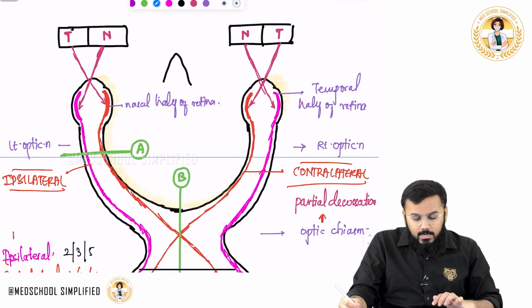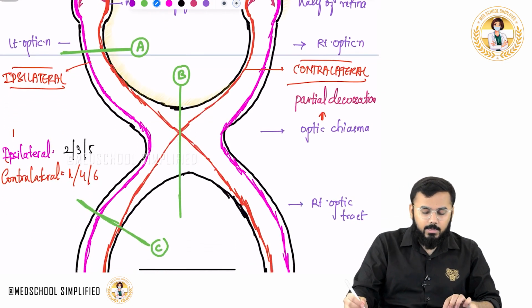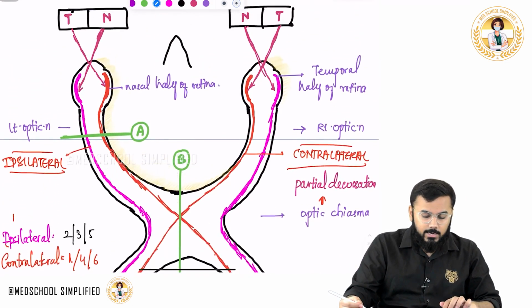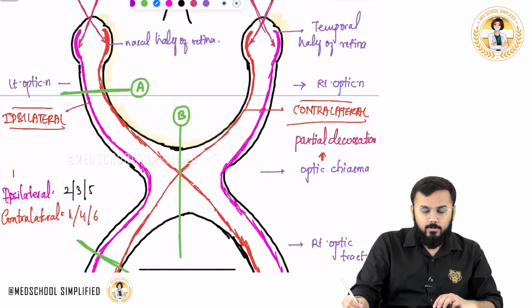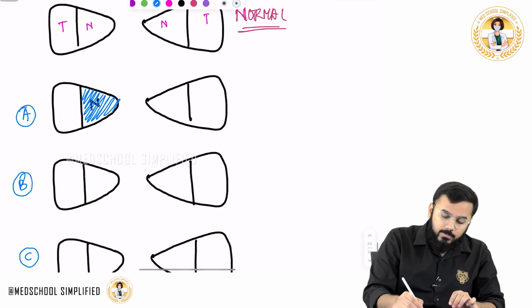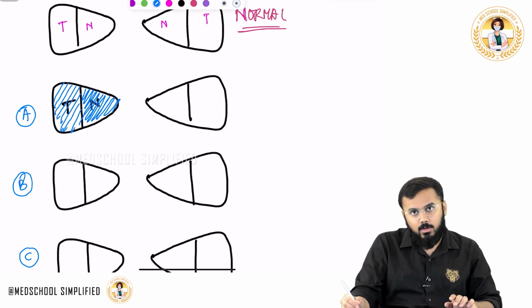Next, this red color fiber is also cut down. When the red color fiber is cut down, what is happening? This fiber is going on to the opposite side, but whatever it is, this is receiving information from what? The temporal half, right? So even the temporal half is also gone. So nasal half and temporal half are gone.